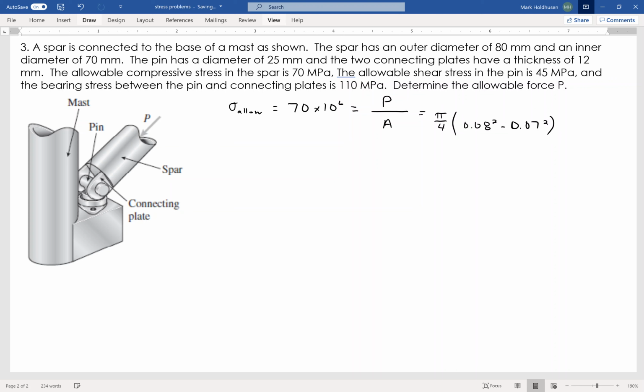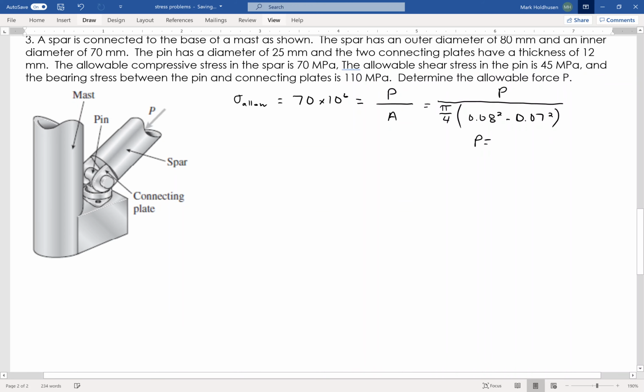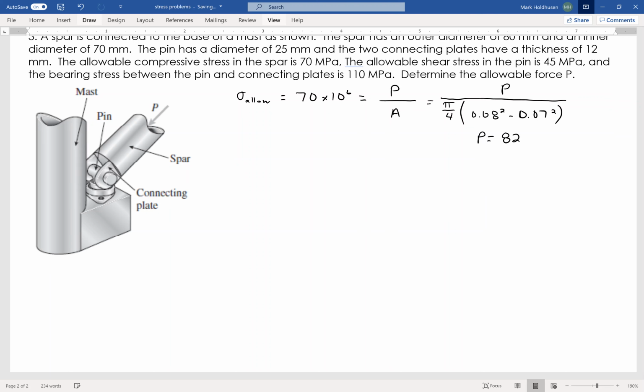So that's 0.08 meters squared minus 0.7 meters squared, all over P. So the P that will cause us to reach this allowable stress is 82.5 kilonewtons. When I do that calculation, I actually get 82,000 newtons. I just lopped it off, went to kilonewtons.